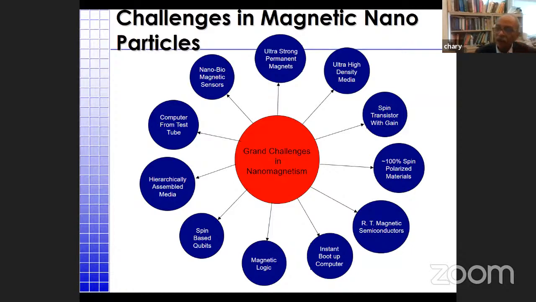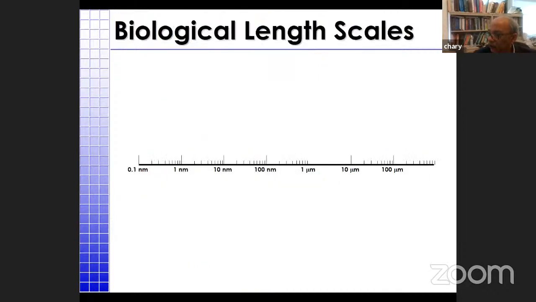So by configuring 25 atoms in a careful matrix, we should be able to both store as well as process the information simultaneously. In other words, the future computers will not have a separate processor and a separate hard drive. The processor and hard drive will be integrated, and all that into a space of about 25 atoms, less than a nanometer. So that is where the technology is moving, and there's a lot of interest it is generating.